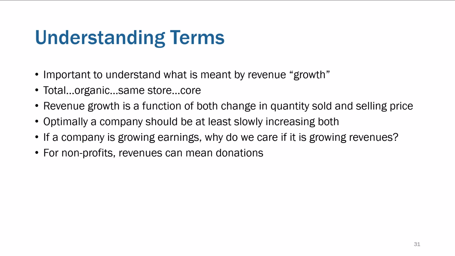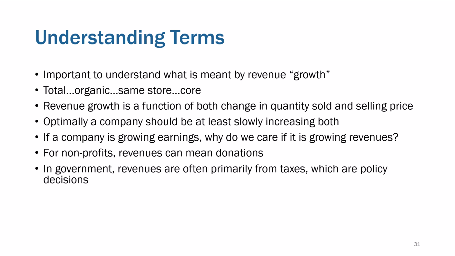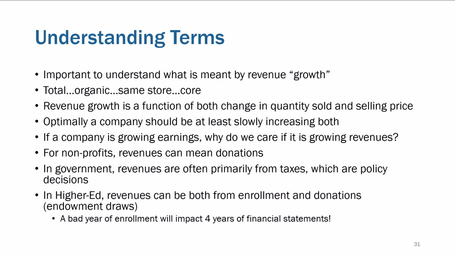Now, for nonprofits, revenues can mean donations, as an example. So just be aware of the industry that you're in. In government, revenues are primarily from taxes, which might be policy decisions by lawmakers. So the local government might not be able to control that.